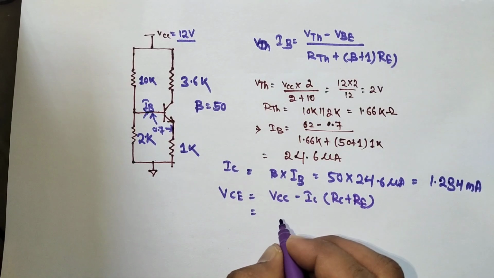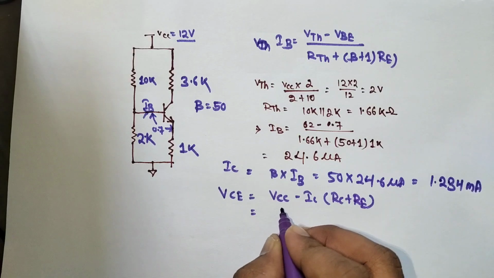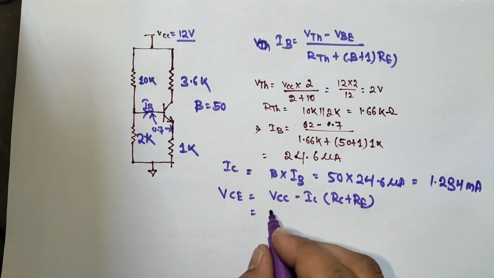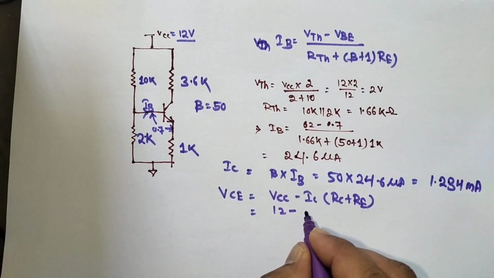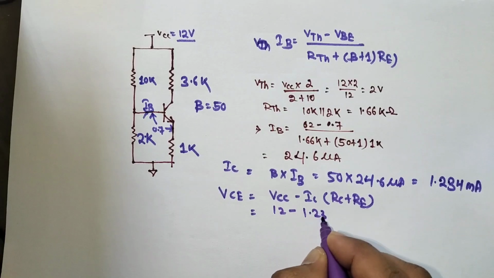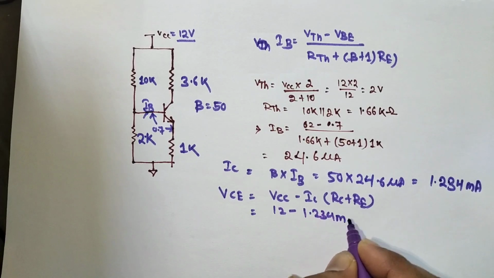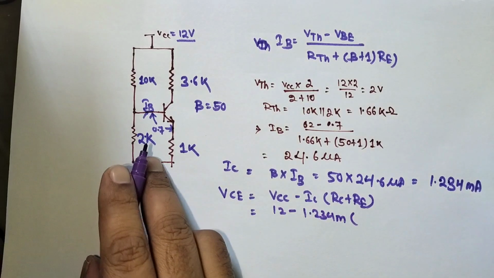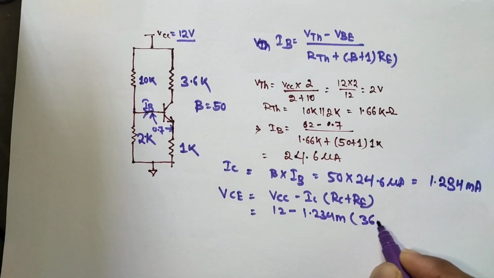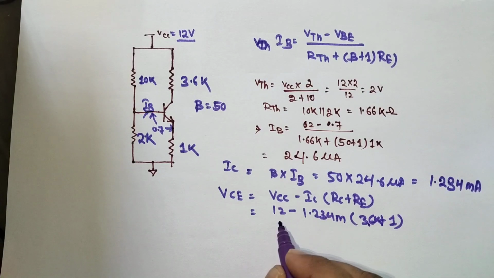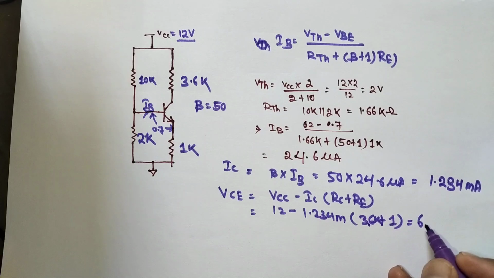I put this value: VCC equal to 12 minus 1.234 milliampere into RC plus RE, which is 3.6 plus 1. Then I get a total of 6.32 volt.